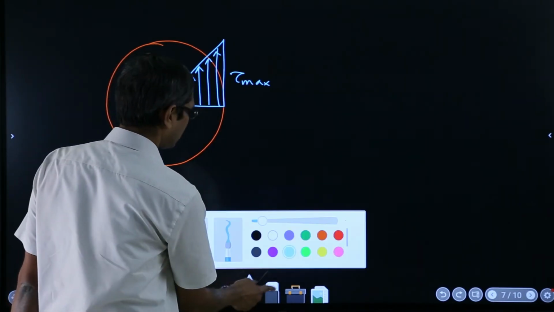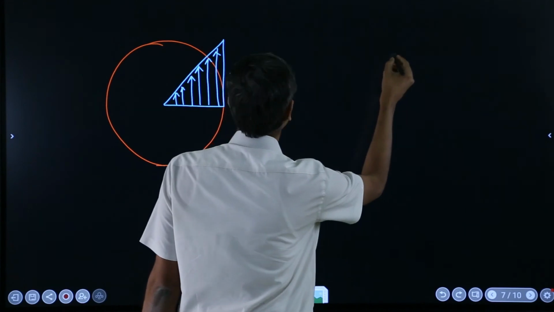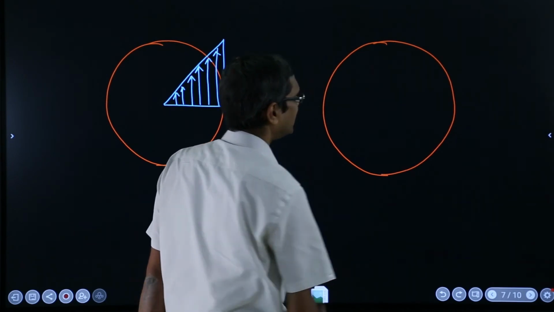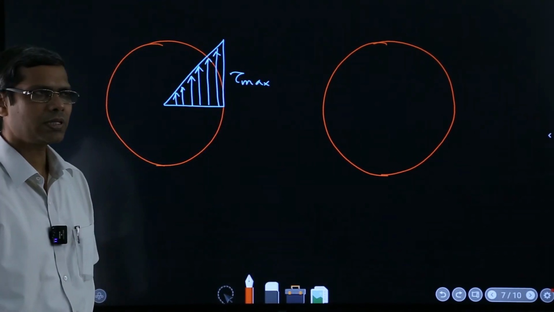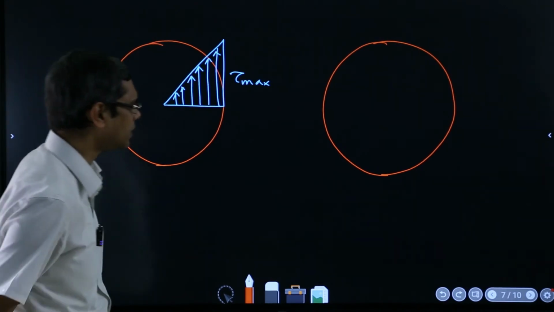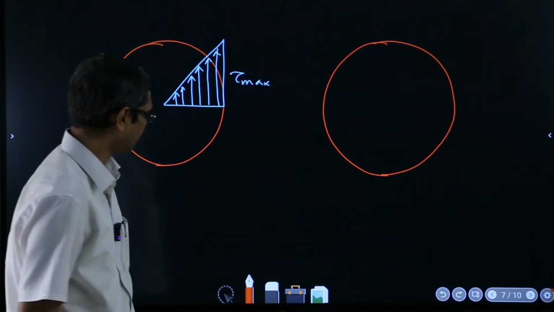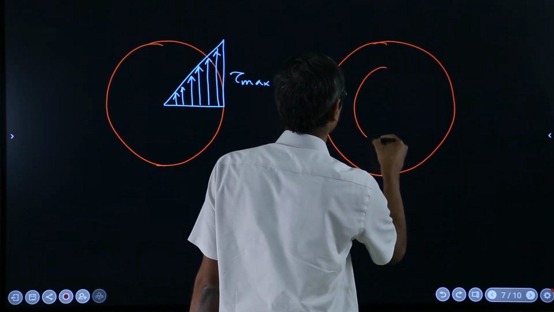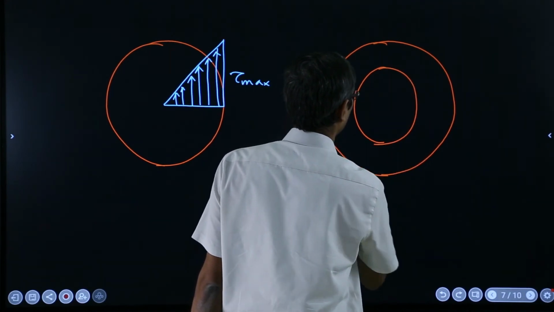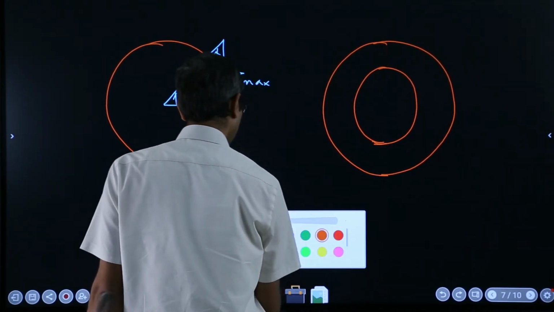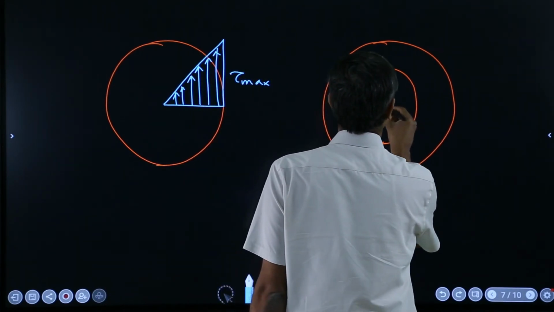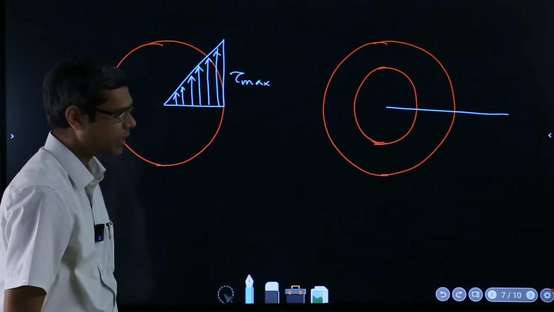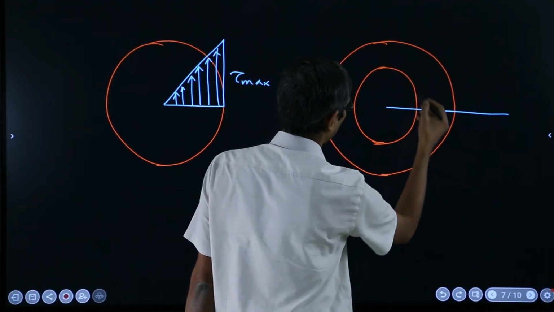Now the same thing can be drawn for an annular shaft, because we said that for any axisymmetric cross section, all the discussion which we had is valid. So now suppose we have an annular hollow shaft, then the stresses will be like this. From here the variation will be exactly the same way, but there will be no stress here because there is no material.